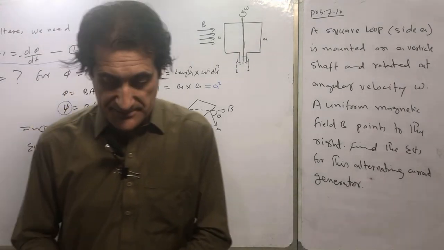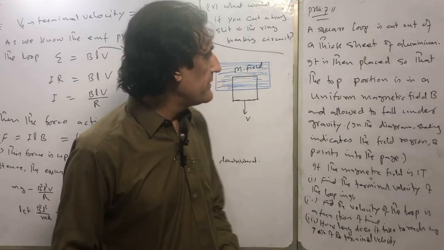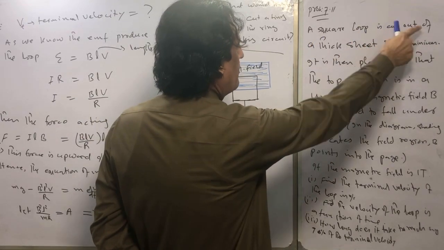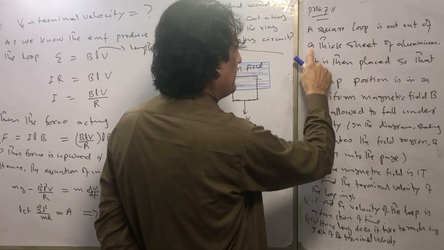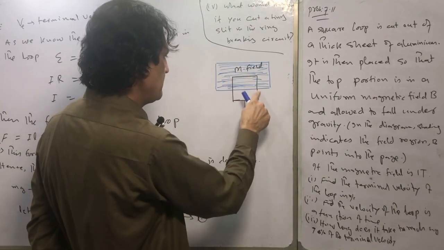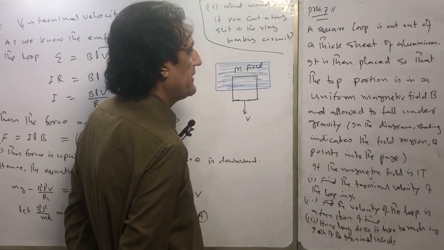Next, the problem is 7.11 and it states that a square loop is cut out of a thick sheet of aluminum. This is a loop which is cut from a thick sheet of aluminum.